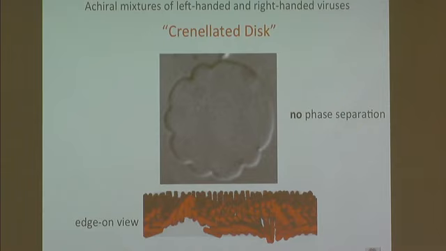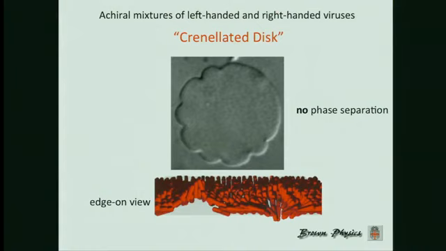They were not achiral mixtures. But in this case, if you look edge on, you do find the structure, even at the experimental level, rising out of the plane at these cusps. The cusps are these intersections of these semicircular arcs. So these are the cusps.